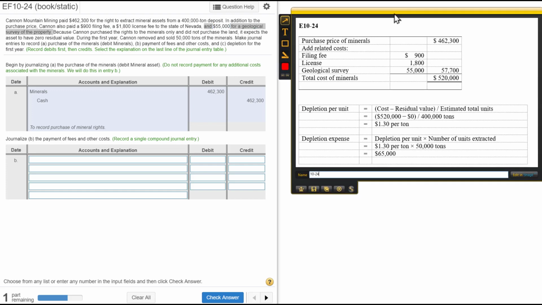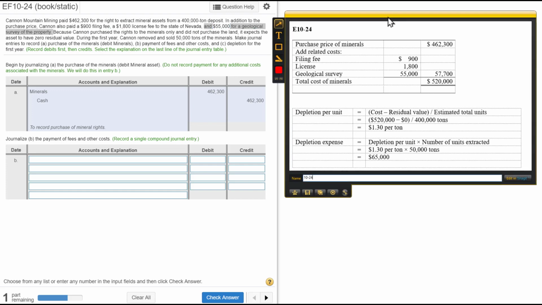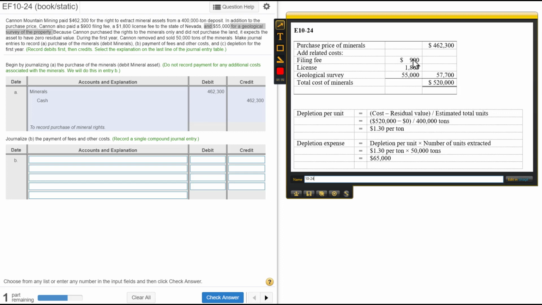So I've got these listed here: the filing fee, license fee, and geological survey. This totals $65,800. And because it says record a single compound entry, we're going to do that right here. Copy and paste.